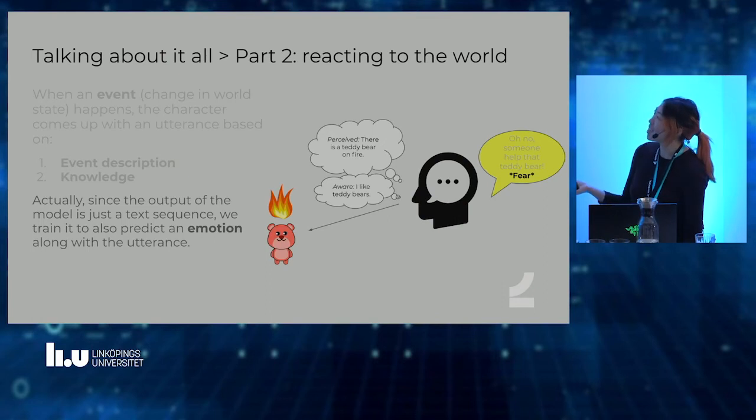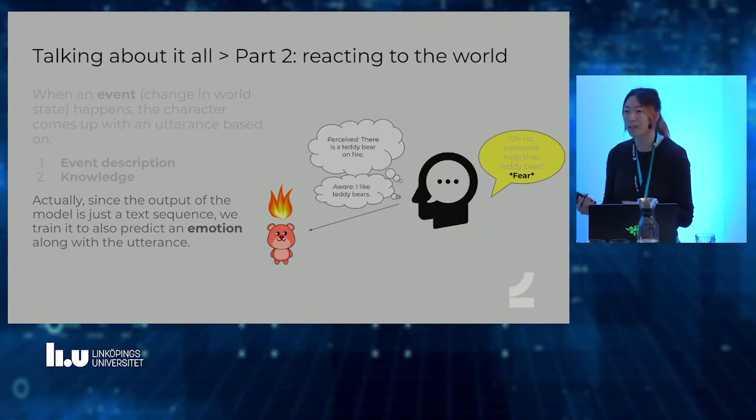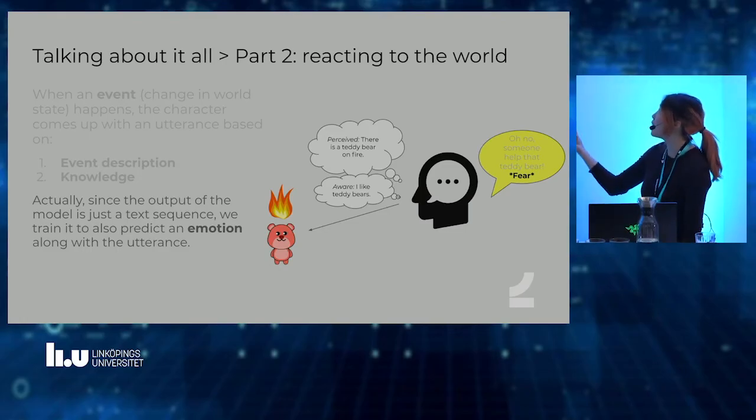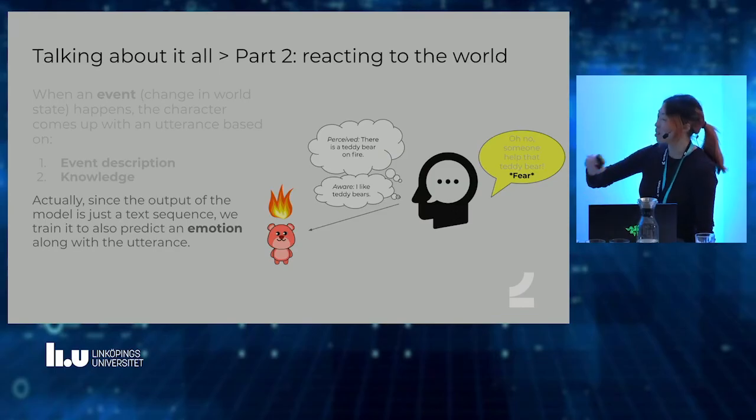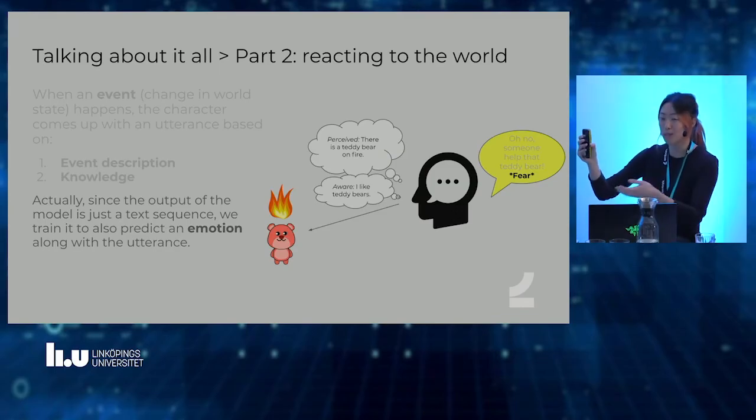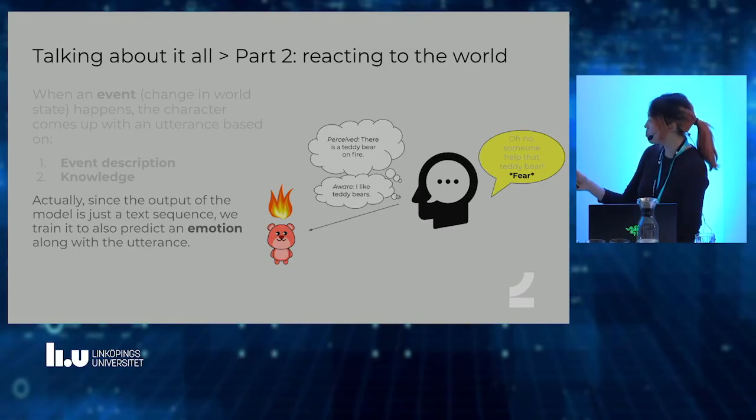But okay, this is a little bonus. Since the output of the model is just a text sequence, we're not limited to only predicting an utterance. We actually predict both an utterance and an emotion that fits the utterance, or that fits the scenario. So in this case, we predict, oh no, someone help that teddy bear, and then a text delimiter, which we've taught the model to generate, and then an emotion.